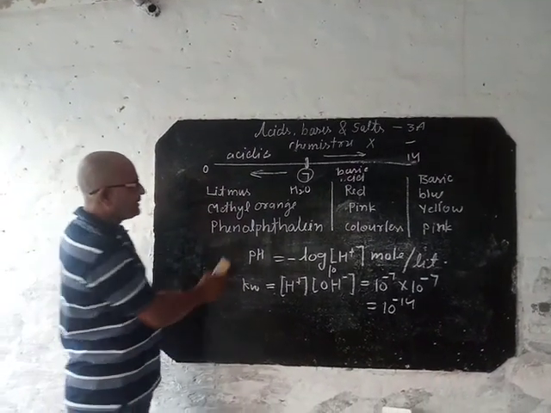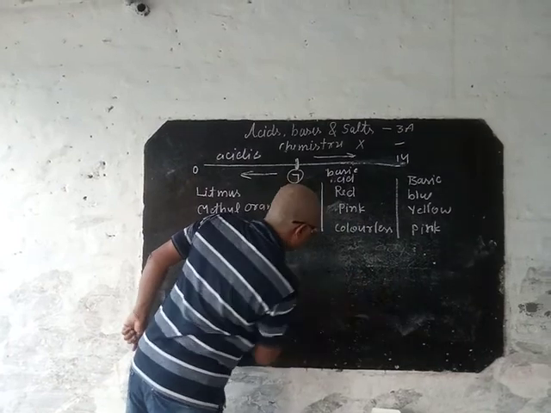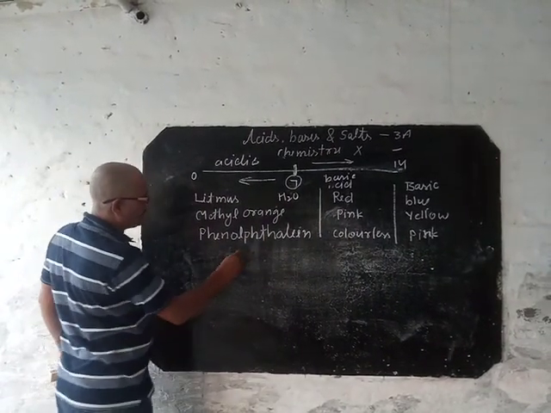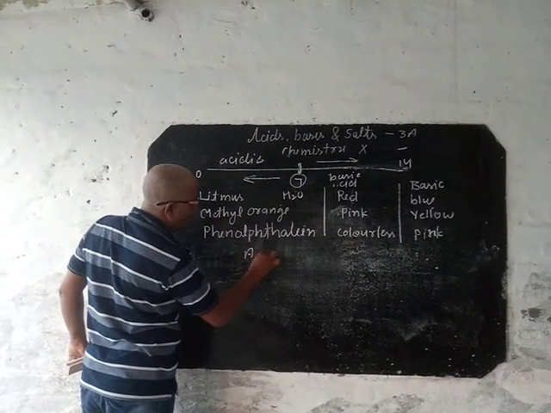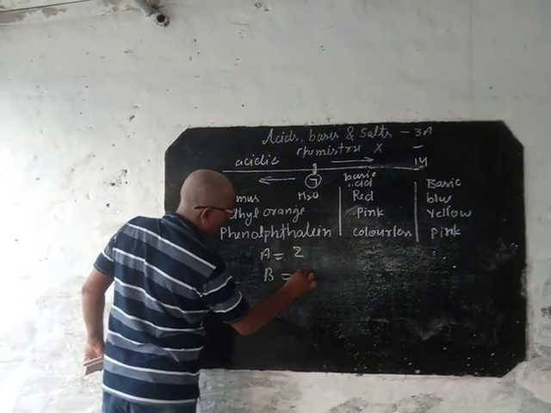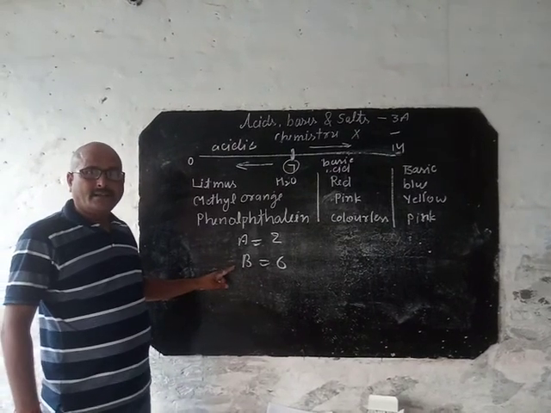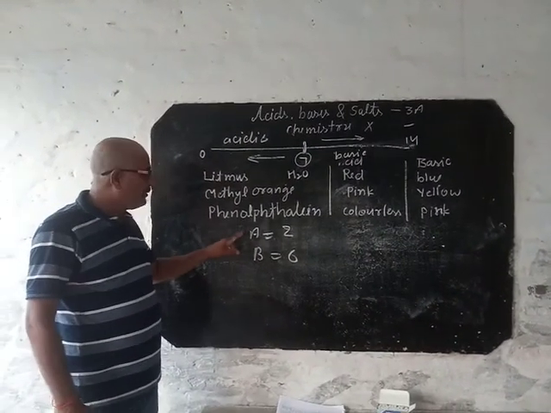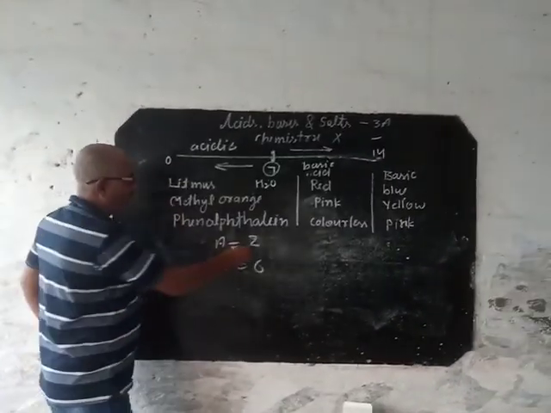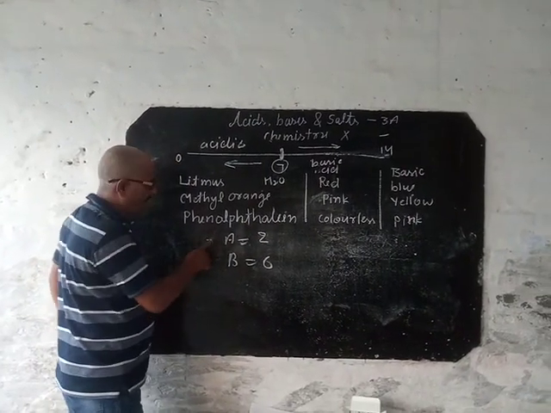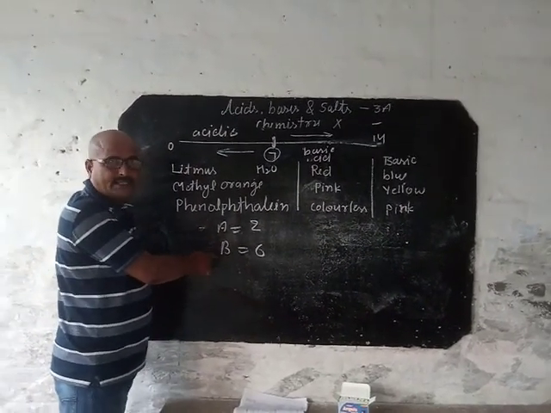Suppose as a question, two compounds A and B have pH values 2 and 4. Which one will be more basic? None will be basic. Here A will be more acidic and B will be less acidic.